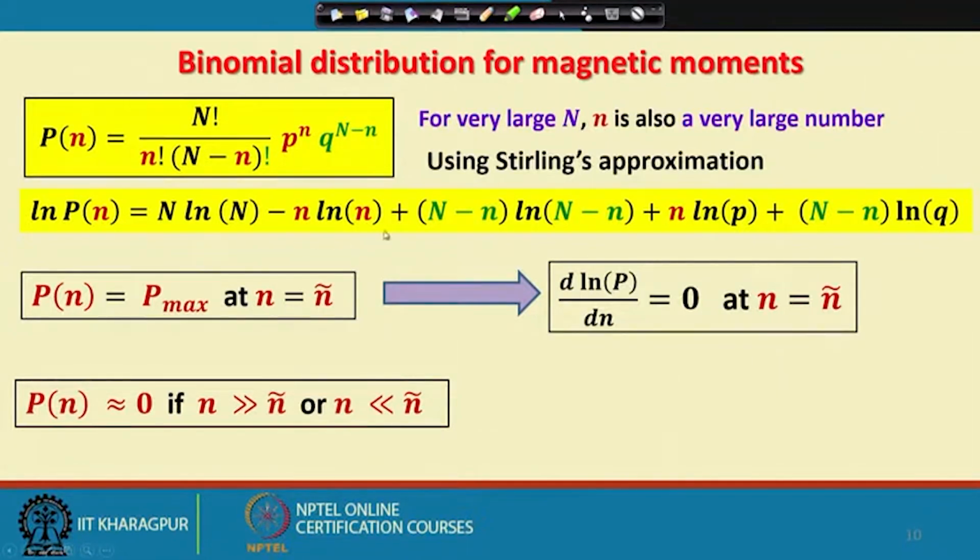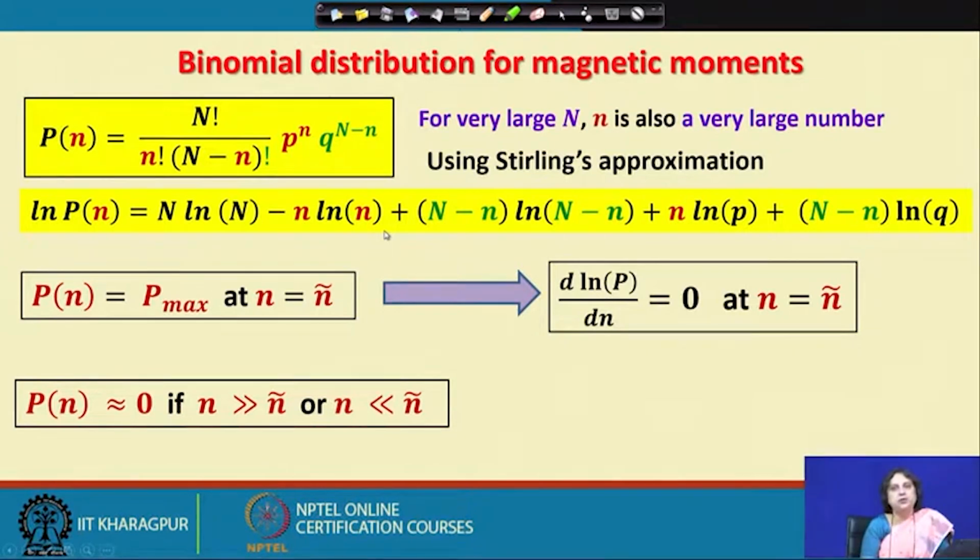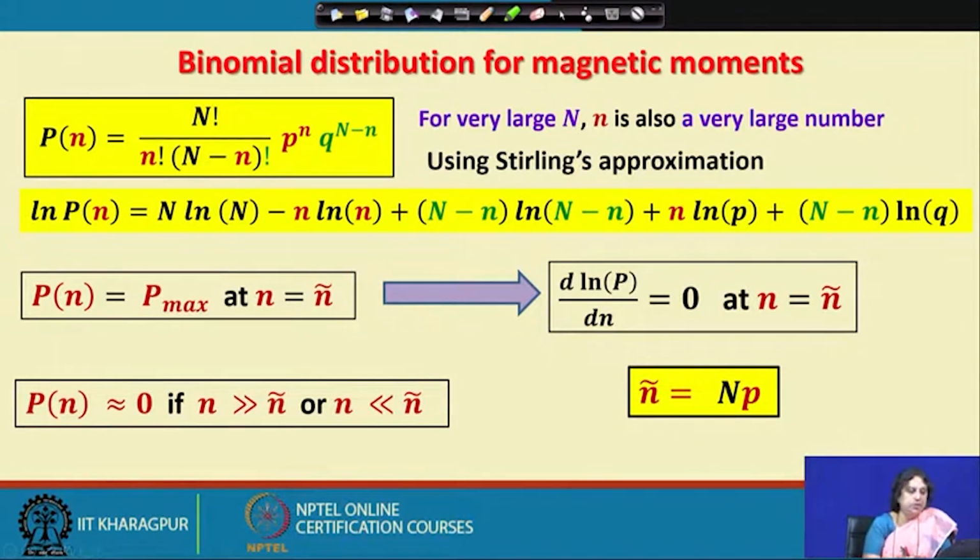If you know ln P, you can find the first derivative with respect to n, and if you then put n equal to n tilde, you will find that n tilde is equal to capital N, the total number of particles present in the system, multiplied by p, the probability of observing one particle in the system with an up spin.